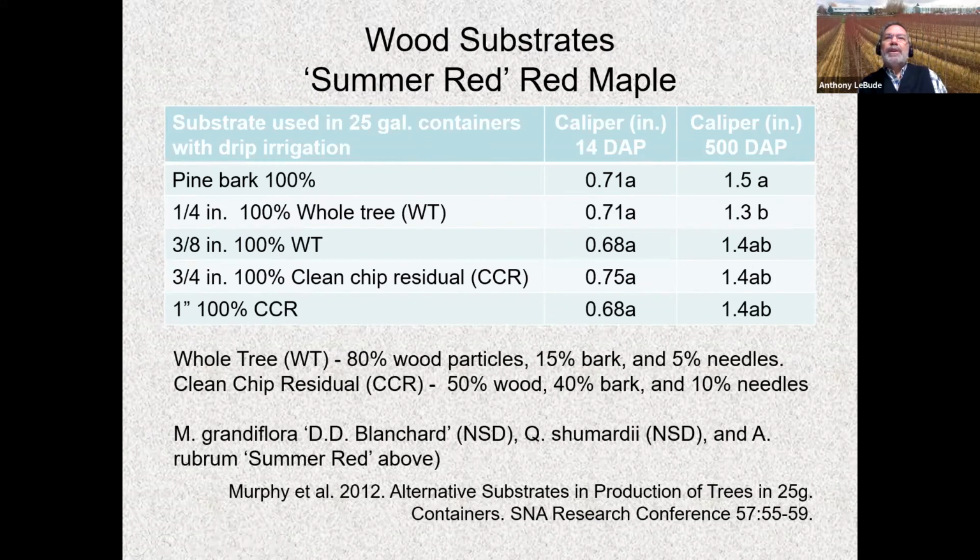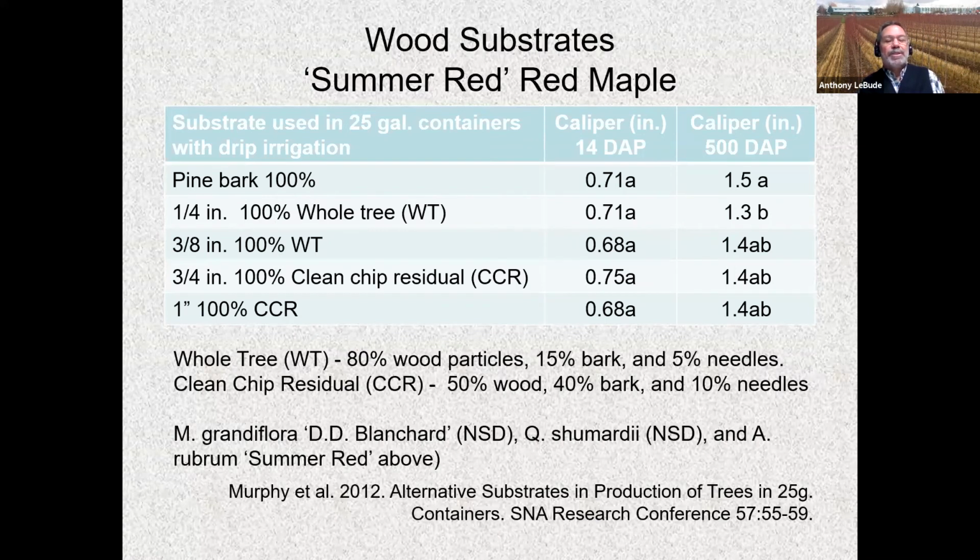at thinning in forestry, at around, I don't know, 6 to 8 years or 12 years after planting the plantation, they go in there and thin out trees to make more room for the trees that are remaining. Those trees are small and they grind up the entire tree. And that is the whole tree substrate: 80% wood, 15% bark, 5% needles.